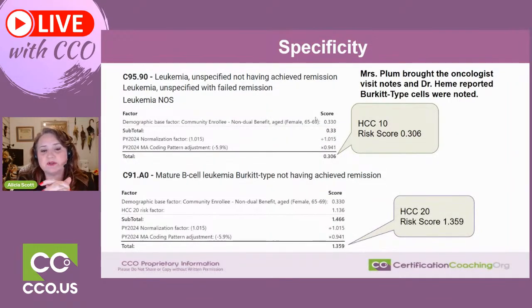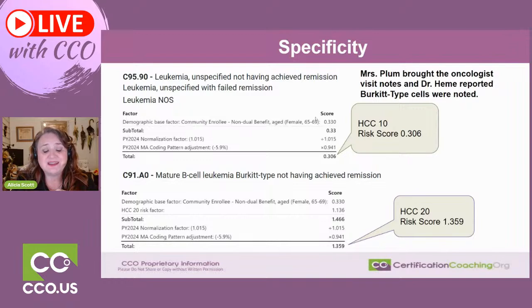Why would it be important to know the difference between leukemia unspecified versus a specific type of leukemia? And there's multiple of them. Let's say that we just have leukemia unspecified, not having achieved remission, that would be C95.90. Now, if you are into risk adjustment like I am, and are one of those risk adjustment HCC nuts, you would know that leukemia unspecified risk adjusts as one of the lowest cancers available.